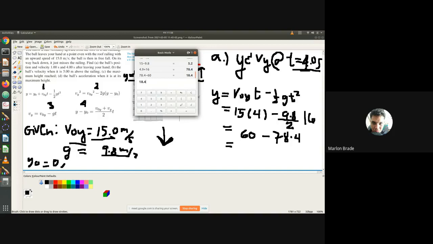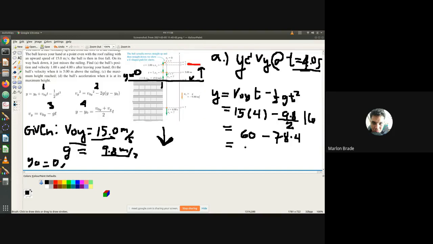So this is negative 18.4 meter. So therefore, remember nga kining itom nga akong gilinya sa rooftop mao ni ang y equals 0, okay? So therefore, after t equals 4 seconds nahimo siya og y is equals to negative 18.4 meter.